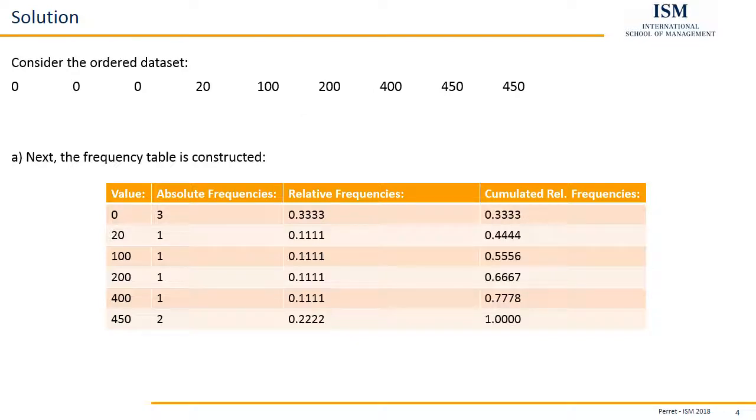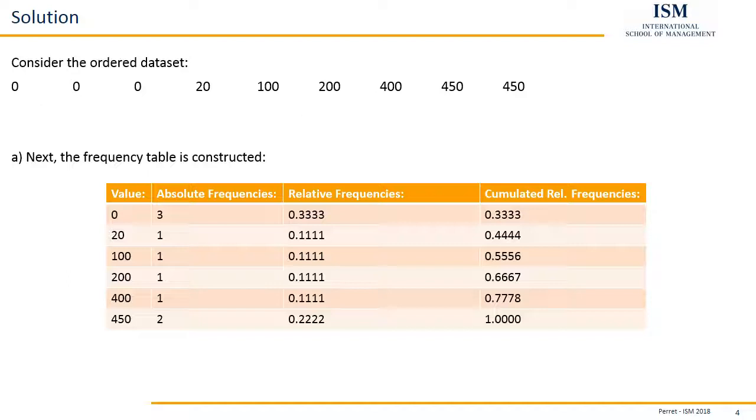Then for the next entry, for the row with value 20, we add to the 0.333 the relative frequency of 20, which is 0.111. So we get 0.4444.